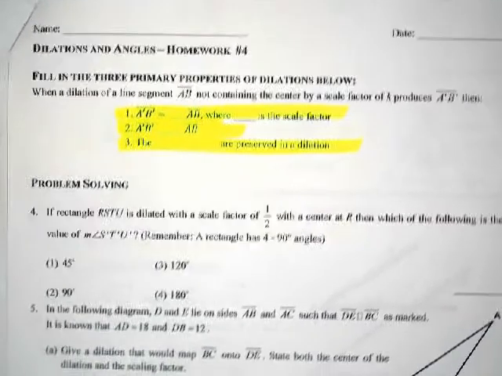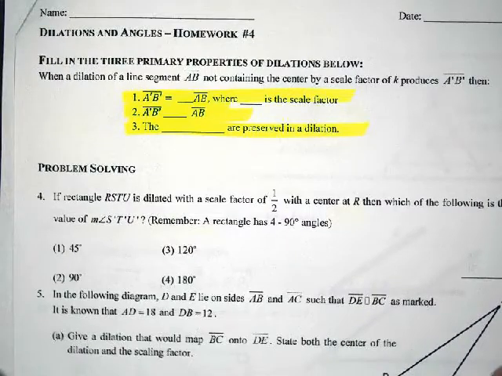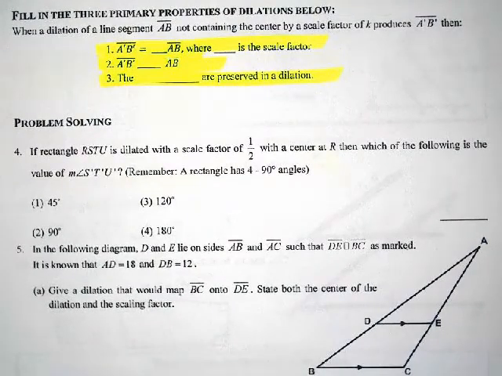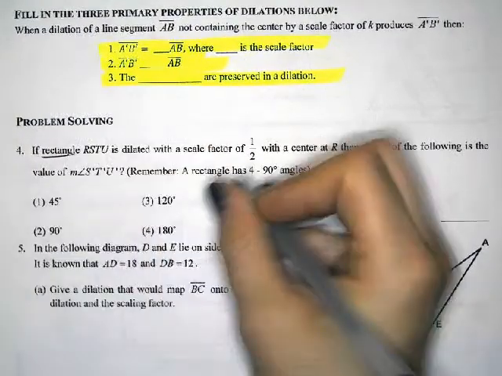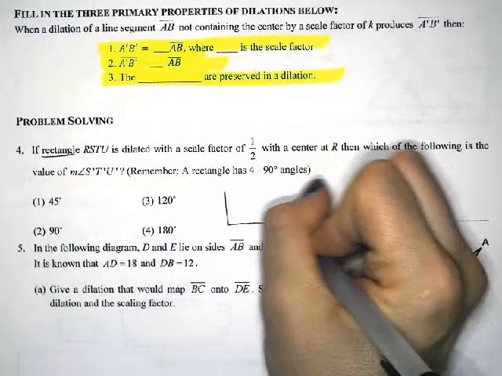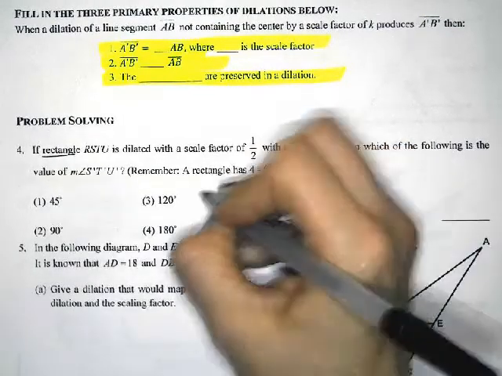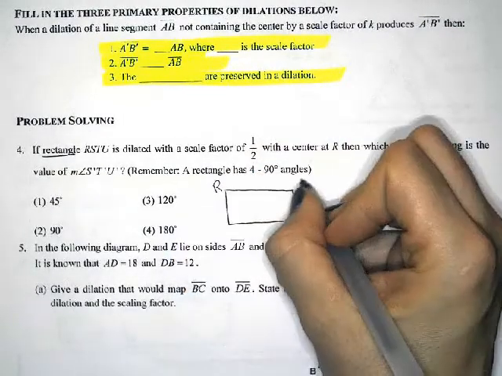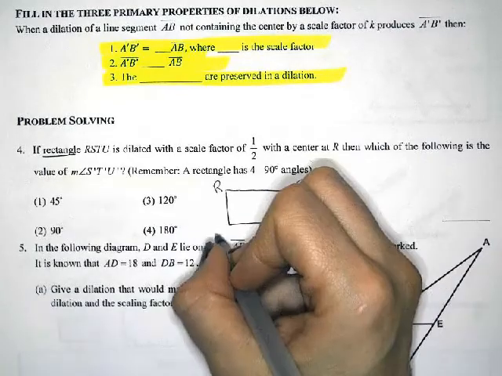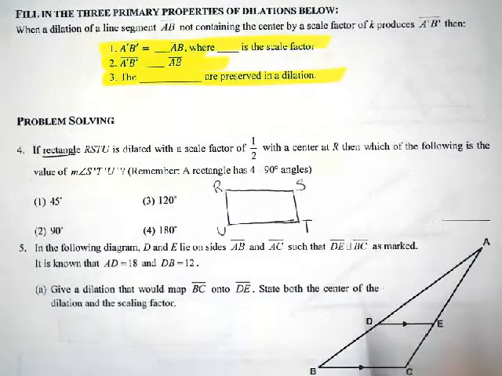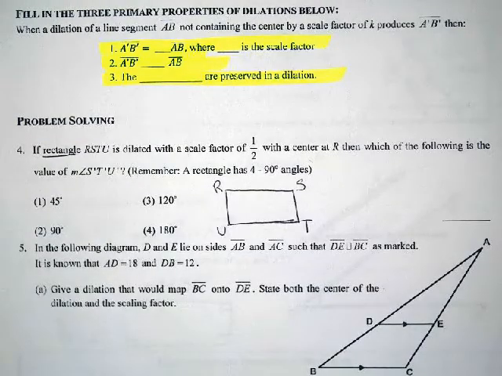Okay. So, what I want to take a look at is problem number 4. If a rectangle, well, there's not a picture, let me draw one. That should be your first step. R, S, T, U, is dilated with a scale factor of 1/2 in the center at R. What does that mean?